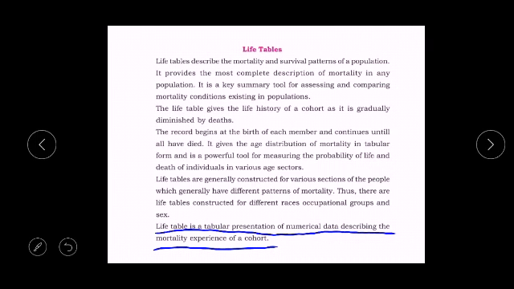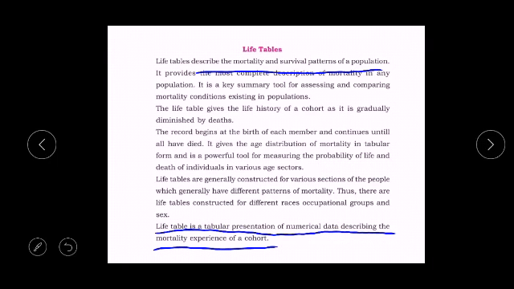Before going to cohort, we will discuss a few more points in this life table. The life table describes the mortality and survival pattern of a population. So it indicates both mortality and survival patterns. How? If in a location among 1,000 people 10 are dying per day, it means 990 people are surviving.